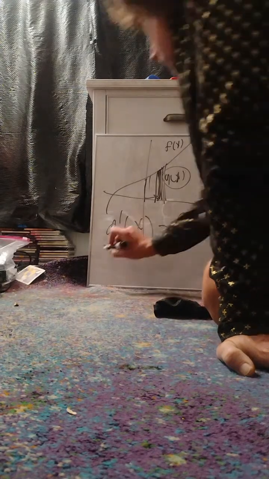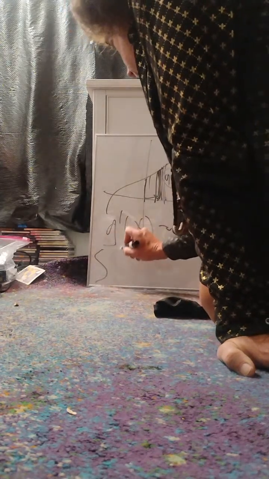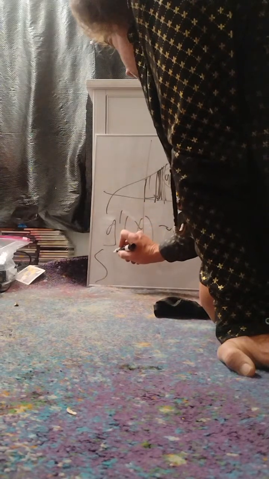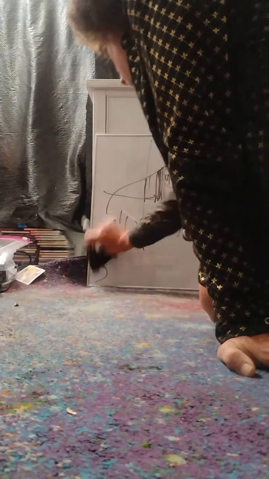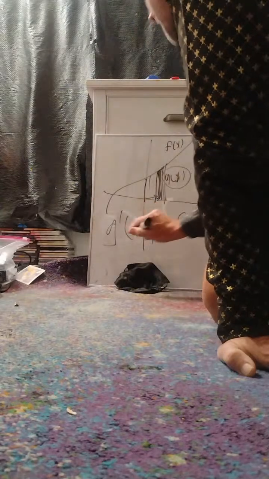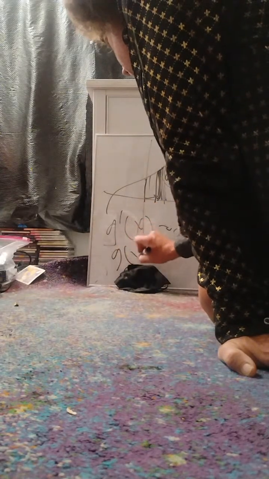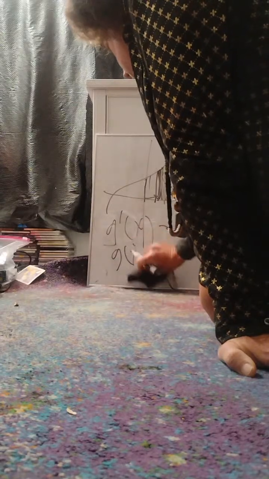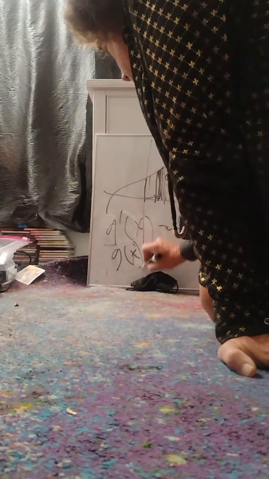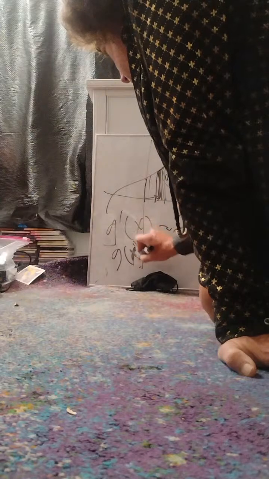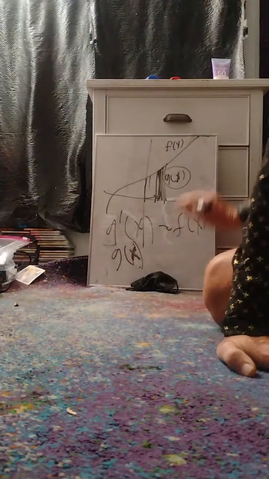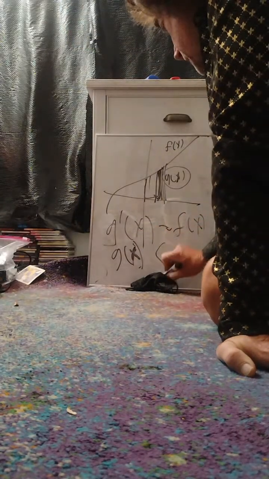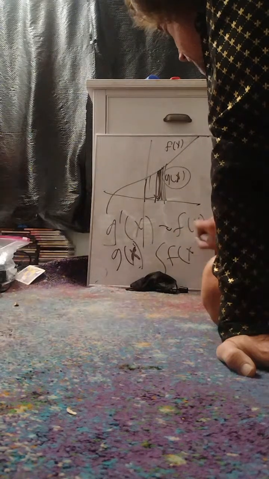But if you integrate both sides, that would mean that the integral of the derivative is the same function. So integrate both sides. The integral of g prime of x is g of x, because the integral is the opposite operation of differentiation. The integral of f of x is just the integral of f of x.